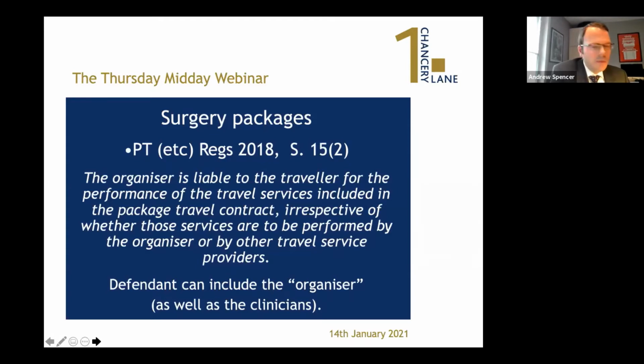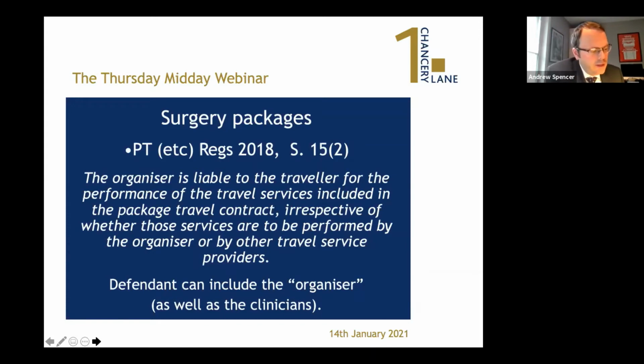And in some ways, the most straightforward of these categories for claimants is where you have a regulated package. So it's worth having a look in a degree of detail about what it takes for something to be a regulated package and when might a contract for surgery abroad be a regulated package. The reason why this matters is because of regulation 15.2 of the package travel regulations, which provides, as has been set out on here.